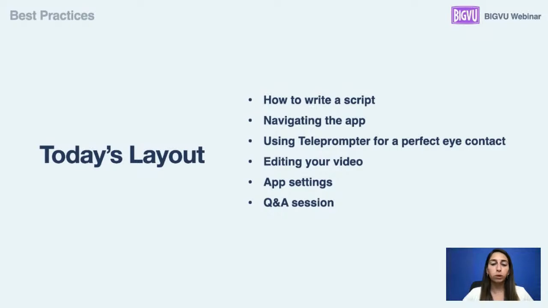We will go deeper on how to use all these desk features in the advanced webinar. But today, I just want to show you how we use the desktop version to write our script on the computer and then send it to the app, so you will be able to record from your phone. So let me show you our desk.